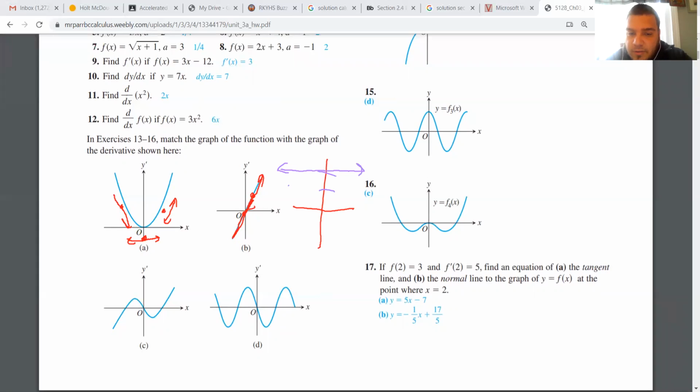So this one over here, let's say this one. So you have a negative slope over here, negative slope over here, a 0 slope over here, kind of looks like at -2. You have a 0 slope over here, at 0. You have a 0 slope over here, at +2.